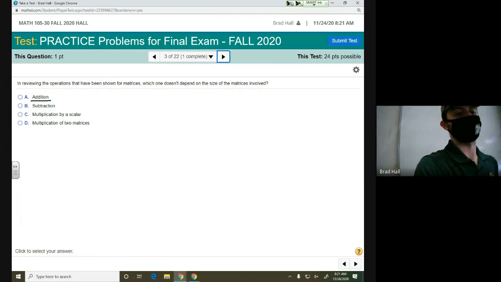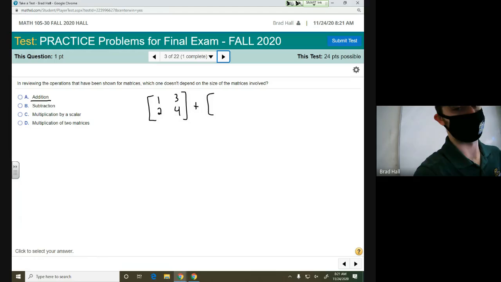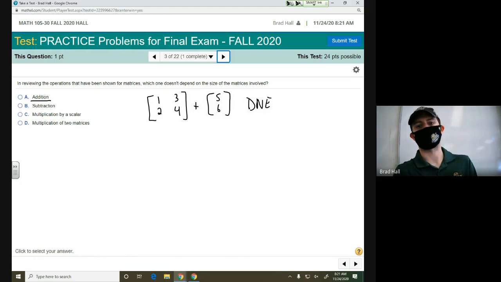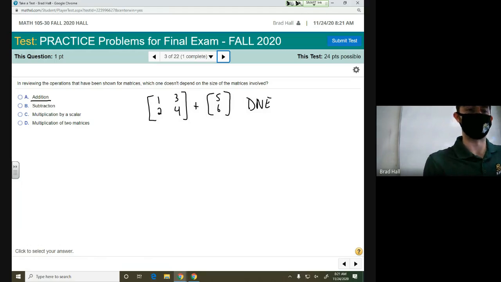One of the issues with addition is if you try to add a matrix of this size plus a matrix of this size, it doesn't exist. The dimensions have to be the same. The size does matter for addition, so it can't be answer choice A.